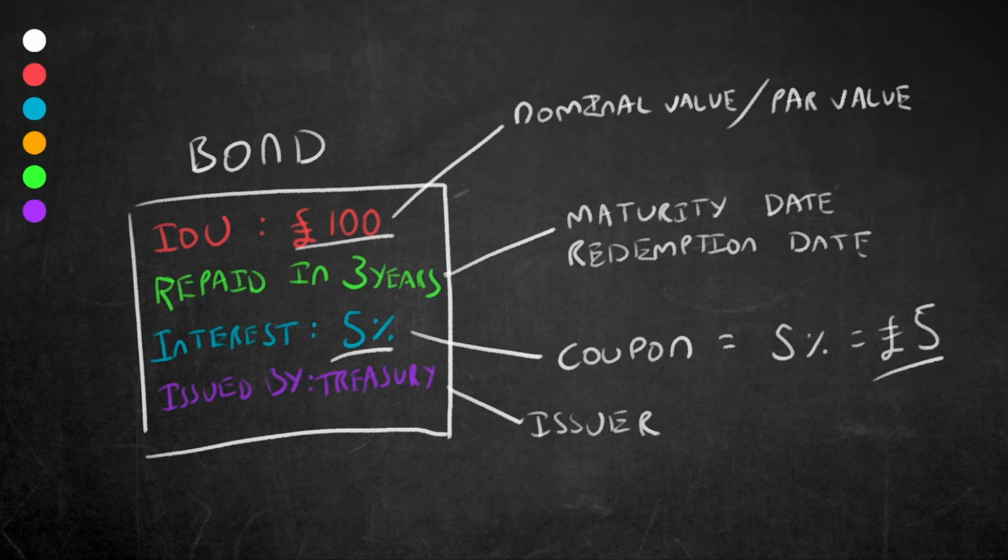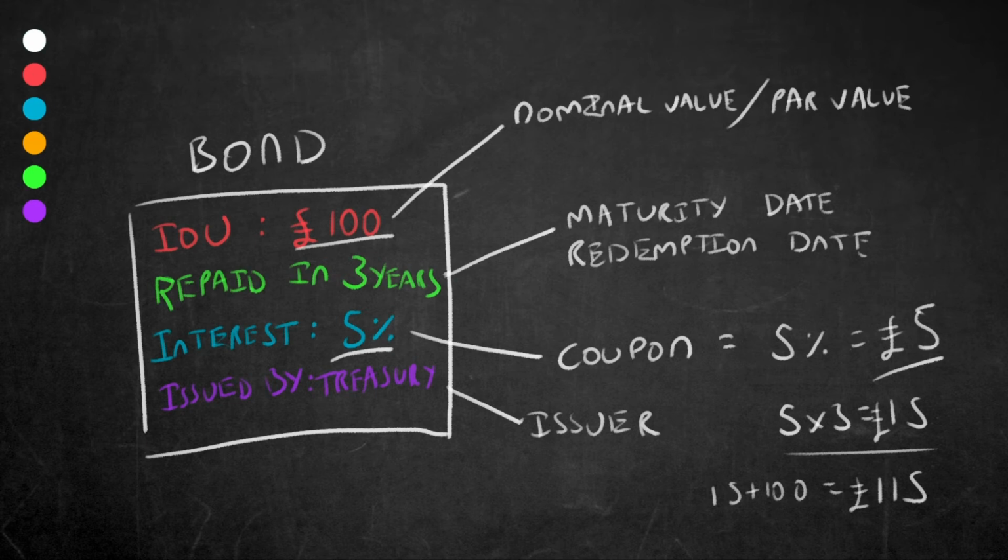So in total, I would receive £5 times 3 years, which is £15, plus the original £100 that I lent. So this comes to a total of £115, which means that if I invested £100, after 3 years, I would have made £15 of profit.